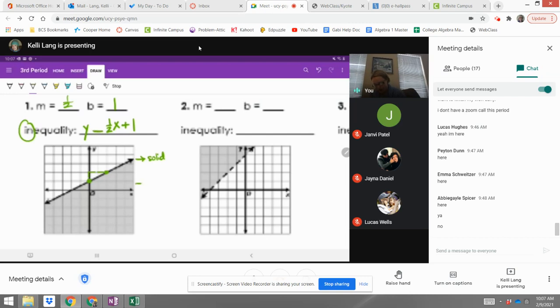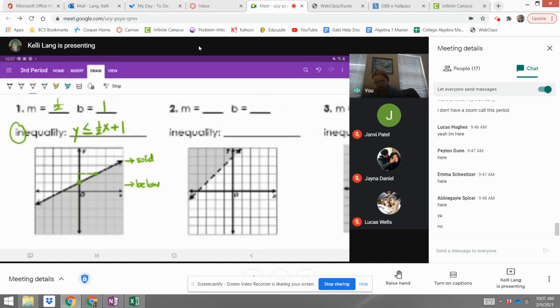And since we shaded below the line, that means I'm dealing with a less than situation. So those two facts combined help me figure out that I need a less than or equal to inequality symbol. And that's our answer. Not even a lot of scratch work to do here. Really just looking at the graph and writing down the facts.